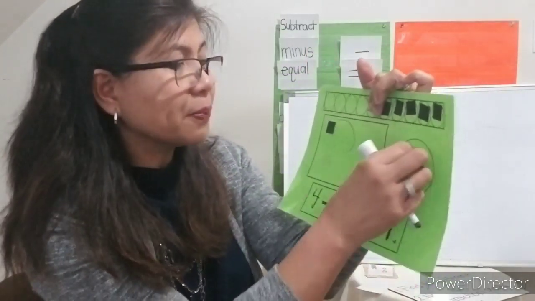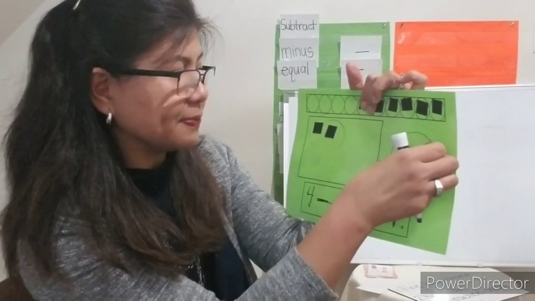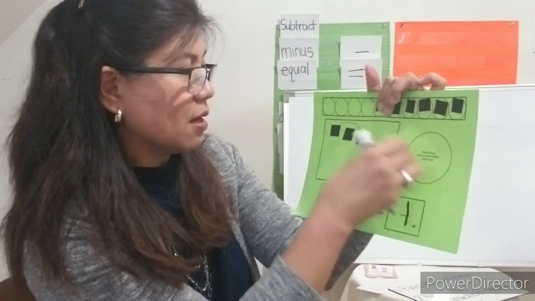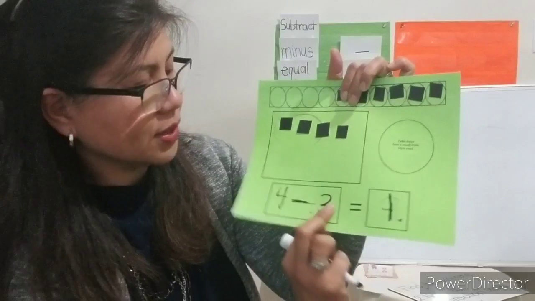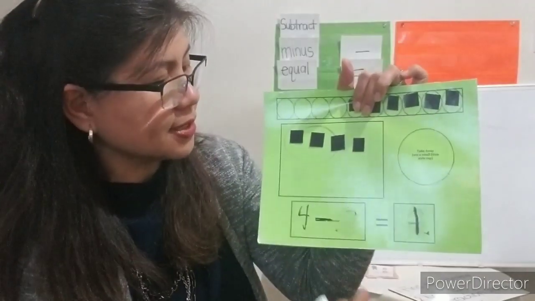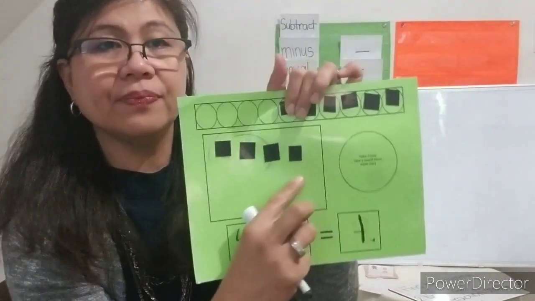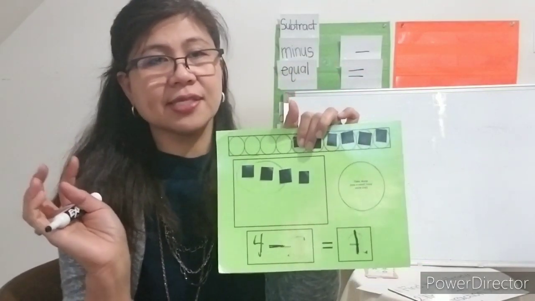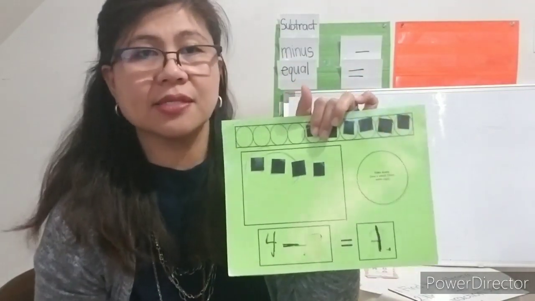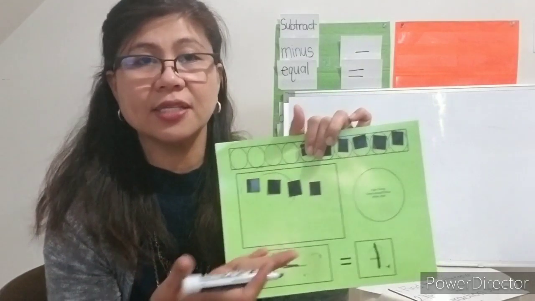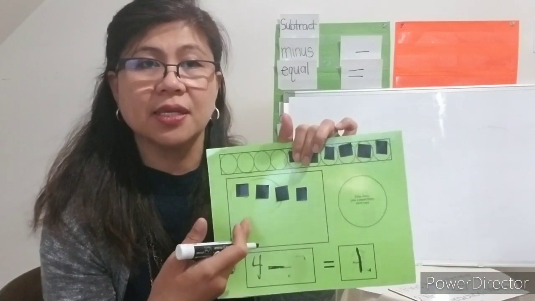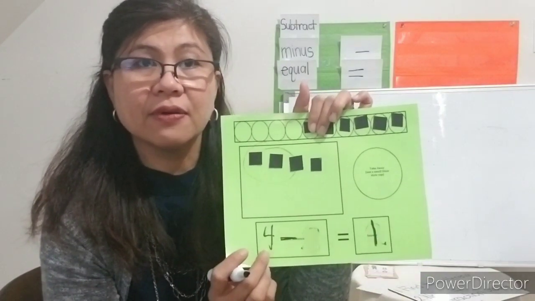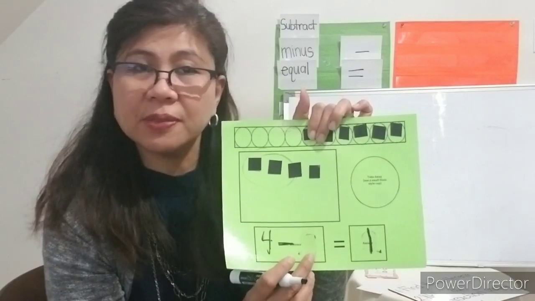How about if I put this back? Okay, let's start this again. All right, so what's the subtraction sentence here? I have 4. I don't feel like moving things away. I just want to keep my squares in this box. What's the answer here? 4 minus, did I move something away?